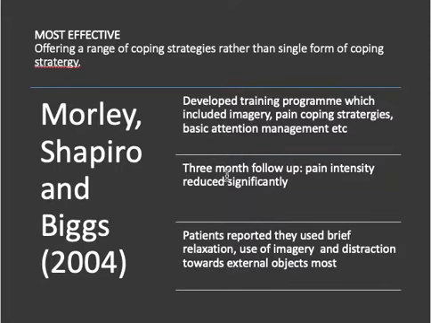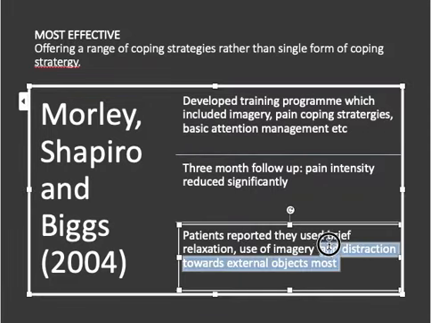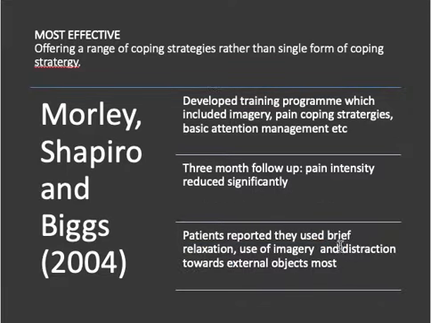So after 3 months, when they followed up, the patients reported less pain. The pain intensity reduced significantly, and they said they use brief relaxation, imagery, and distraction. These are the three methods that they feel are most effective and they use often.